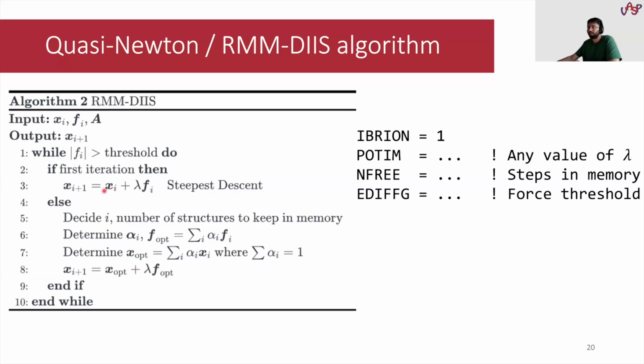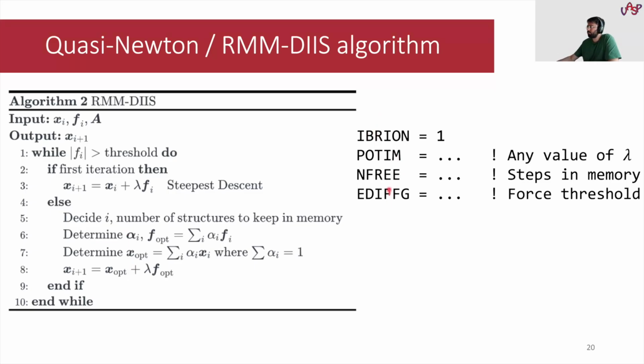You can sort of think of the steepest descent and this expression to be very similar, apart from the fact that it's a force which takes into account all of the previous forces that you've used. And a position that's not just the position now, but a position that uses all of the information from the previous positions that you've traversed, or a few of them at least, not all. And this gives you the next position.